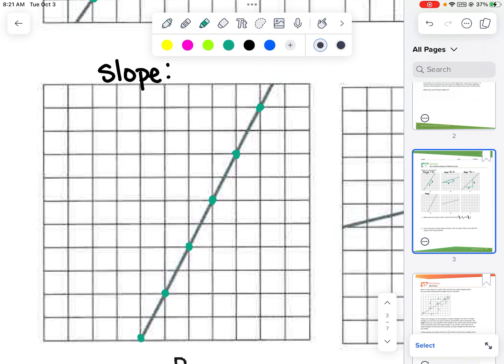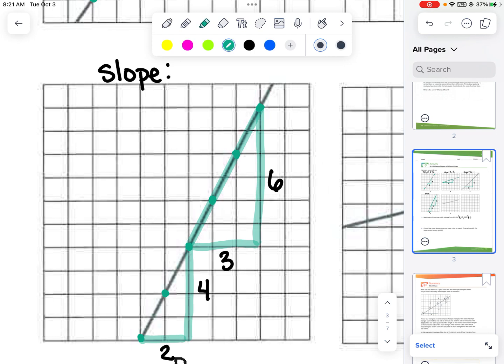So let's say I chose these two. I'm going to get a slope of 4 over 2. But what if I chose these two? Now I have a slope of 1, 2, 3, 4, 5, 6 over 3.